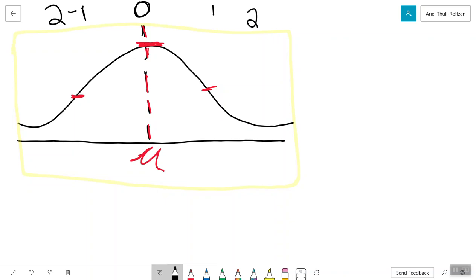I'm going to draw some marks in here: 1, 2, 3, and 1, 2, 3, and label those points.